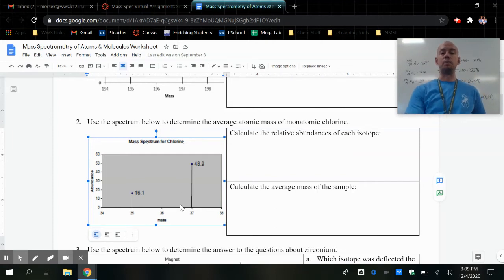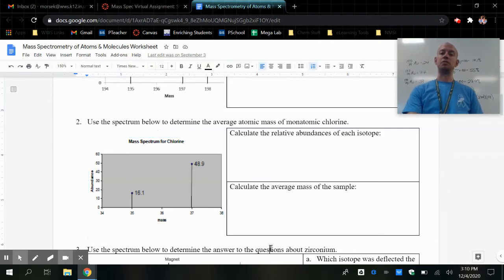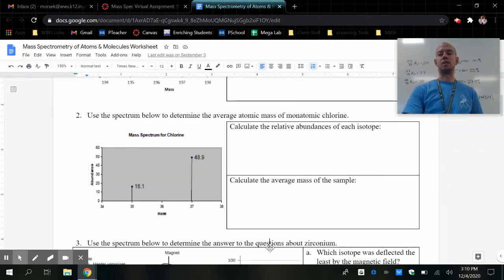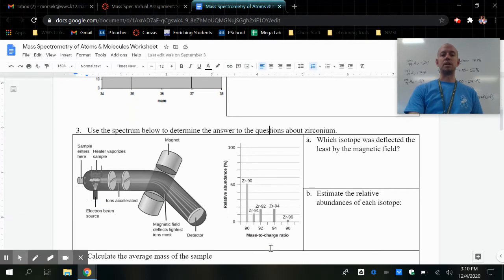Our evidence would be that I have a lot more of the isotope of mass 37 than I have of the isotope of mass 35. And the reasoning would be that the more abundant isotope contributes to the mass much more than the less abundant isotope. So you're going to do that one. You can check your answers. You can also check out the questions there on the Canvas quiz.